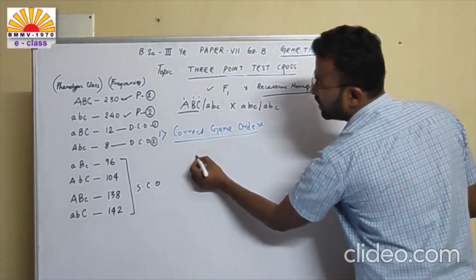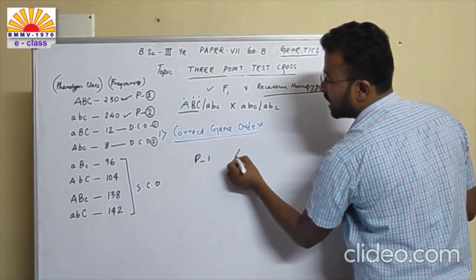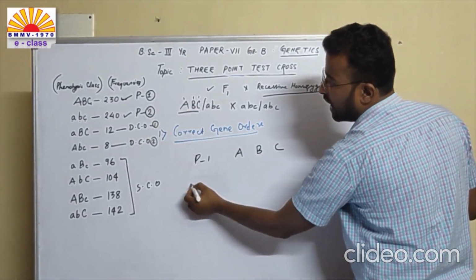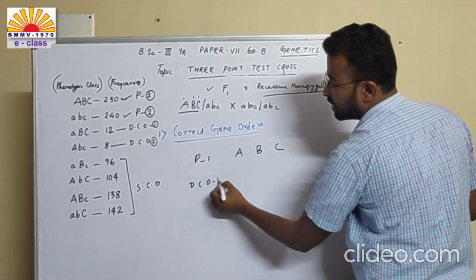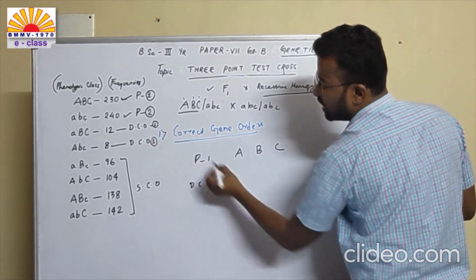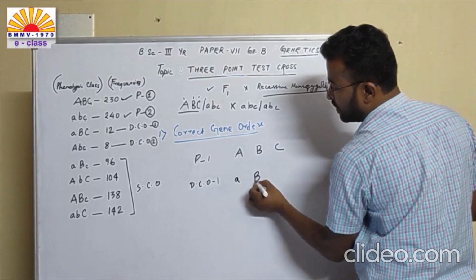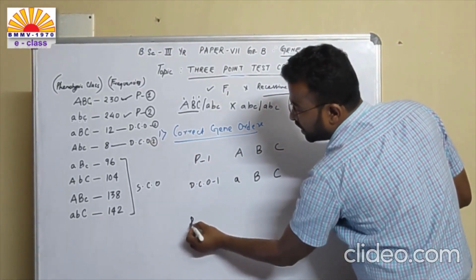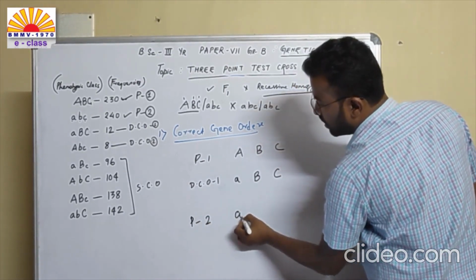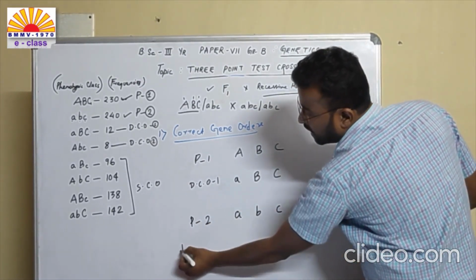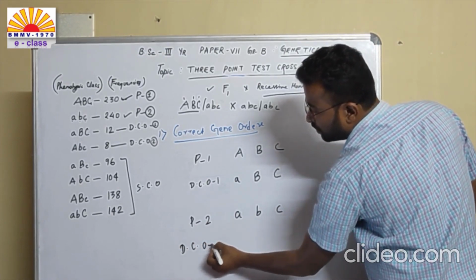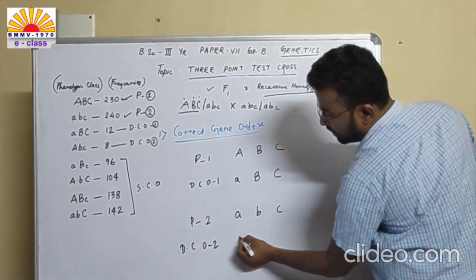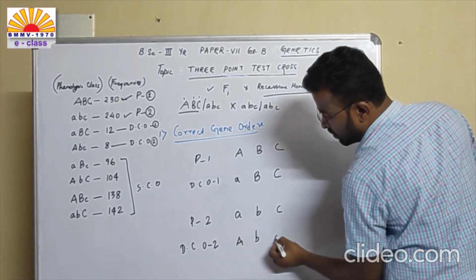Let us compare P1, that is A, B, C. We are not taking the frequencies now. DCO1 is small a, capital B, capital C. In another instance, P2, parental 2, is small a, small b, small c, and DCO2 is capital A, small b, and small c.